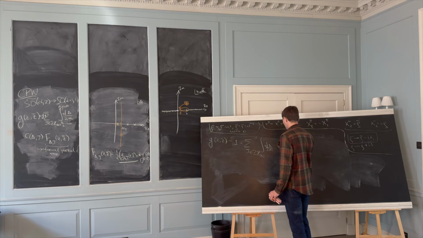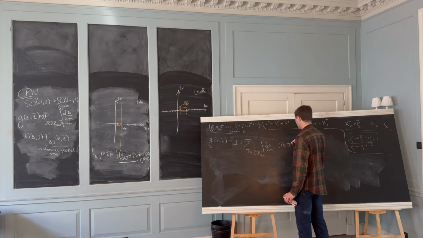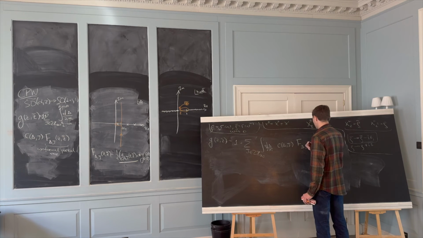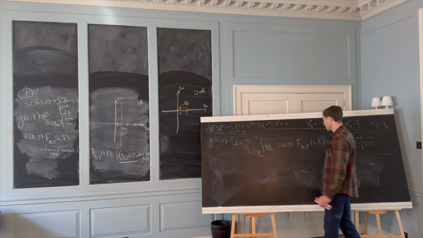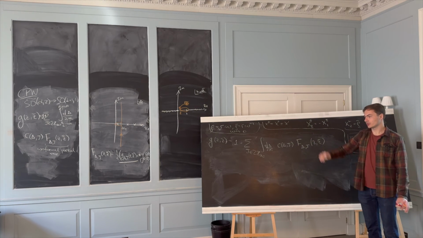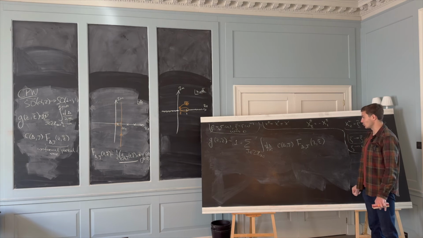Then we have c delta j, and then our f delta j of z bar, where f is the conformal partial wave, which is the sum of the conformal block and the shadow block.